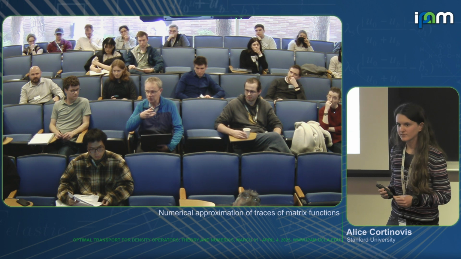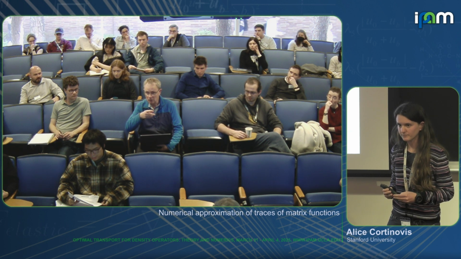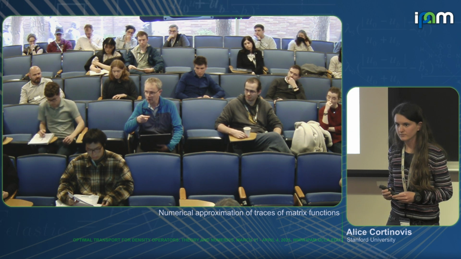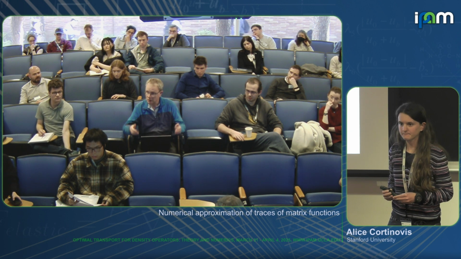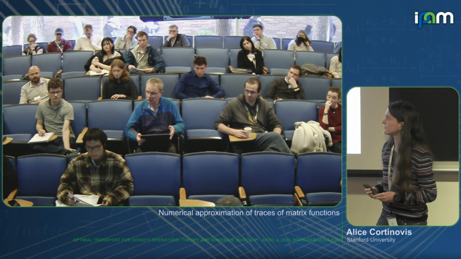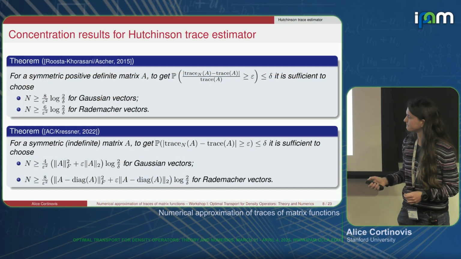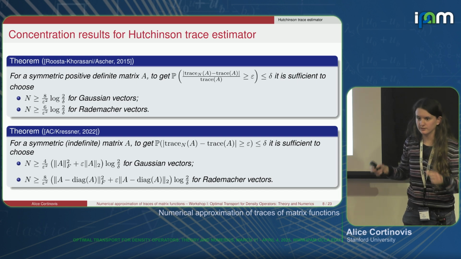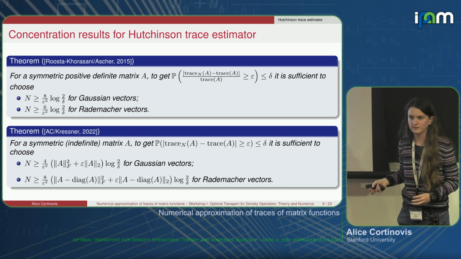So the real question is, for a given accuracy, is the number of samples you need to take less than n to the power 1? Otherwise, you could just do it in spectral form. Yes, so you want this capital N to be smaller than the size of the matrix, smaller than small n.